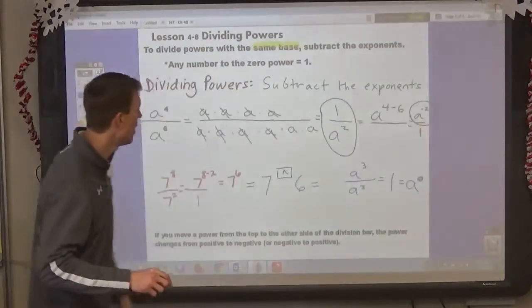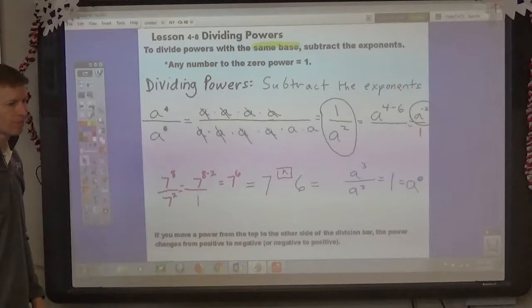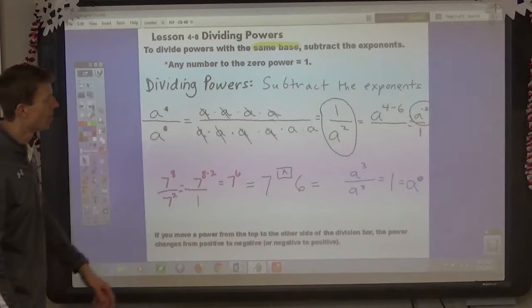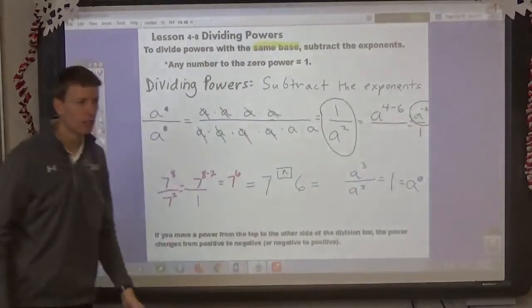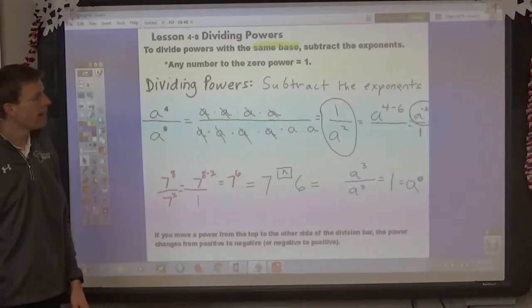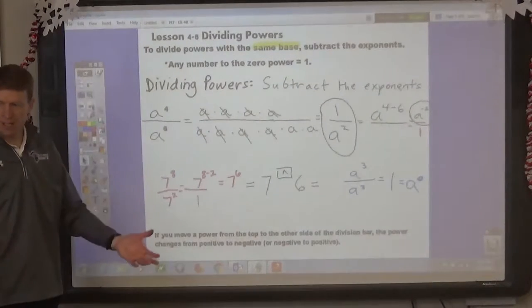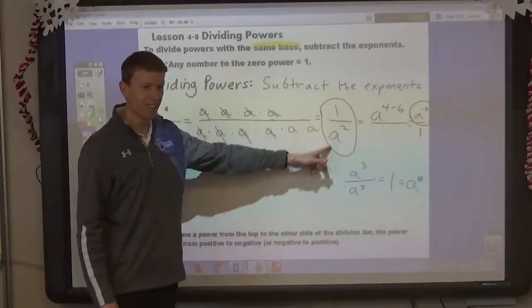So if it says a to the negative 2, what does the negative power mean? How can you write that without a negative? Look at what's equal here. The ones that are circled are equal. So a to the negative 2 means, read this, somebody?